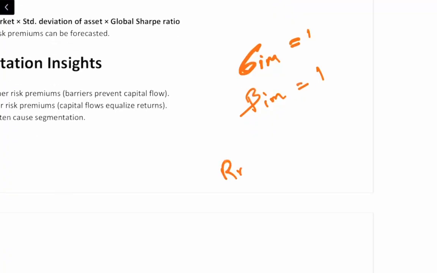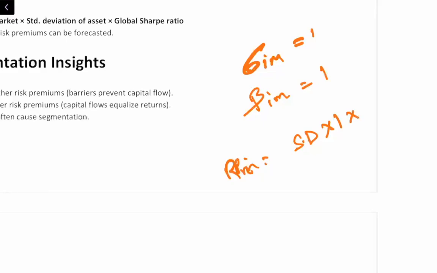So what will happen to the risk premium of the market, or you can say risk premium of the asset? Clear? The first component, standard deviation of that particular asset, multiply it with your correlation and multiply it with your Sharpe ratio. Clear?